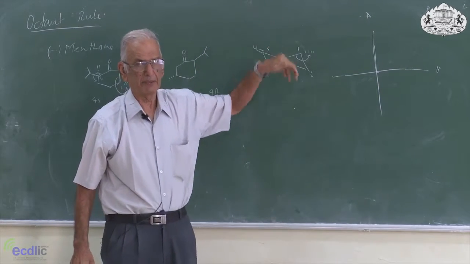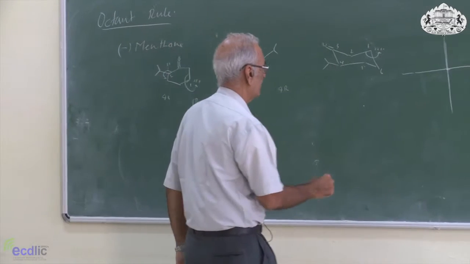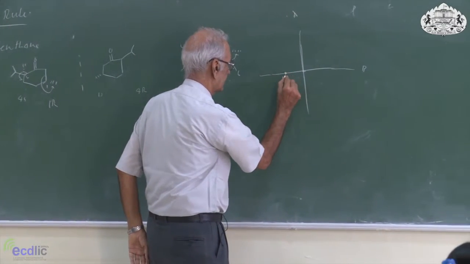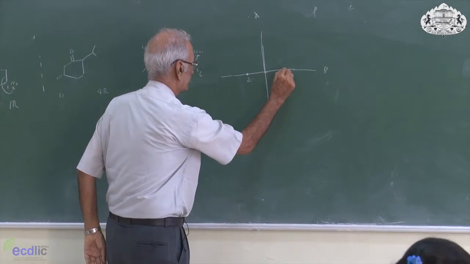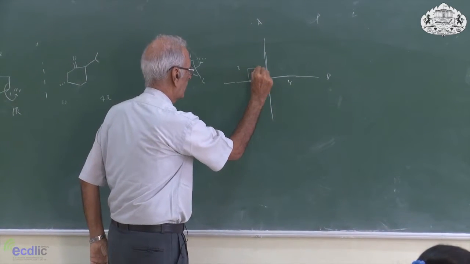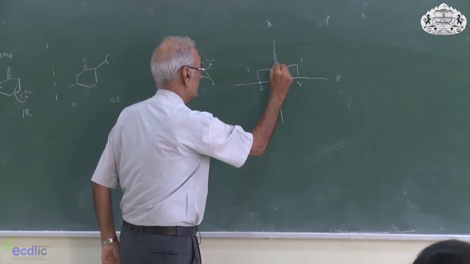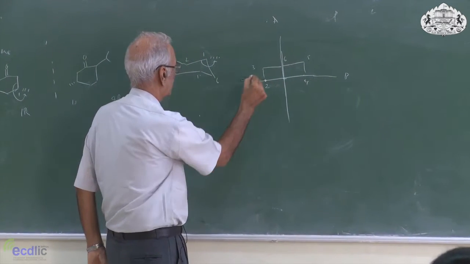Therefore, carbon number 2 will be on the left hand side, carbon number 4 will be on the right hand side. Carbon number 3 will be at the top, that will be your projection.